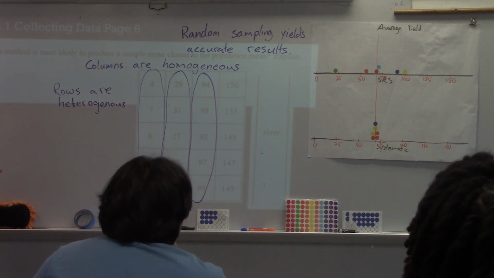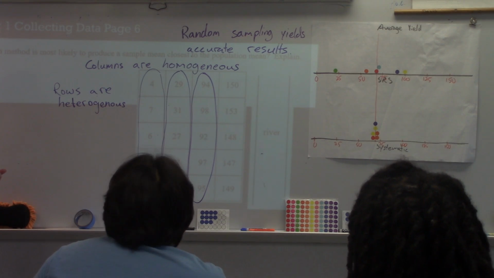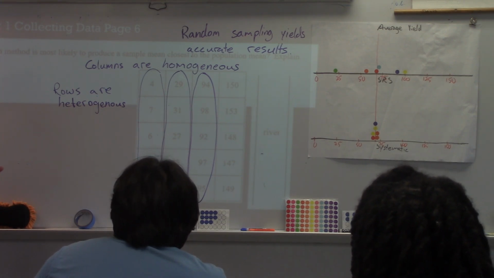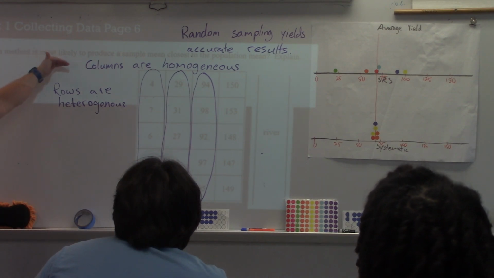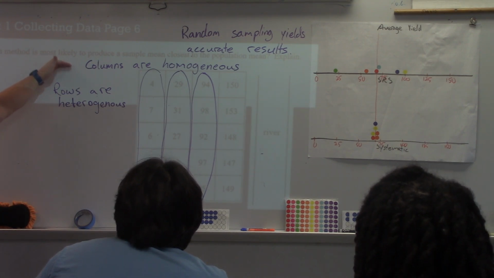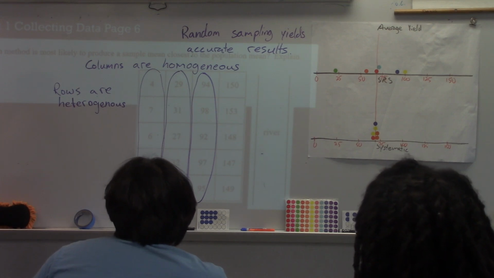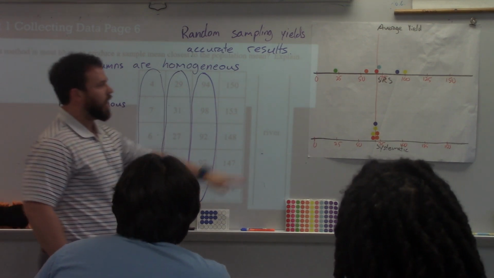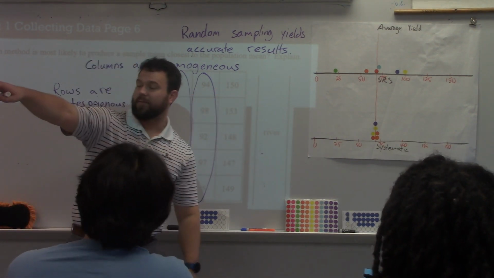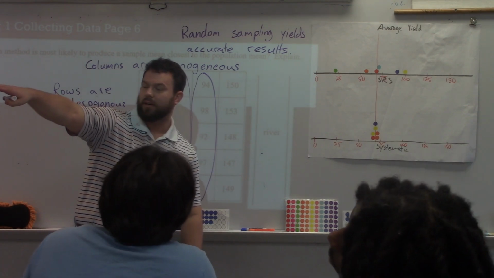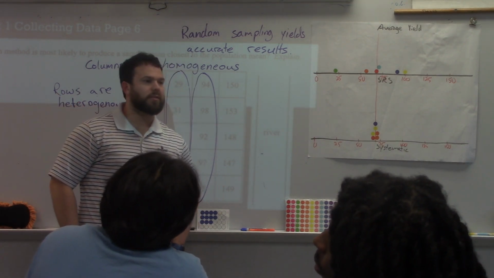And so I want you to think about it. When do you want to stratify and when do you want to use cluster? Do you want to stratify when the groups are homogeneous, or do you want to use cluster when the groups are homogeneous? Stratified. So when I look at stratified by row, that's fine, but not okay. But when I look at stratified by column over there, was that super precise? Yeah.